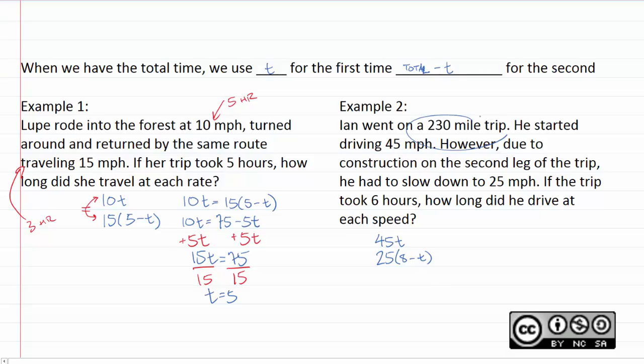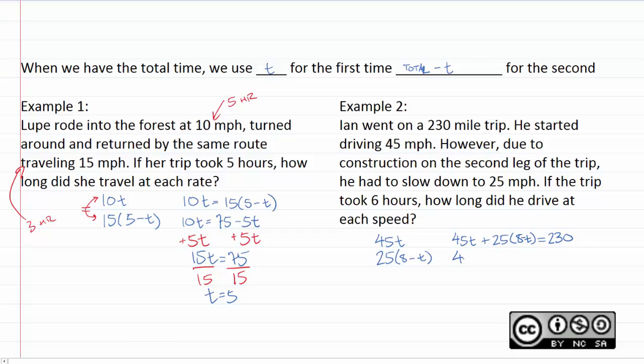And it says here that the total trip was 230 miles. So this is similar to the other kind of problems we did because we're going to add these two distance expressions together. Remember, each one collectively represents a distance, and they add up to 230. Same idea as before.